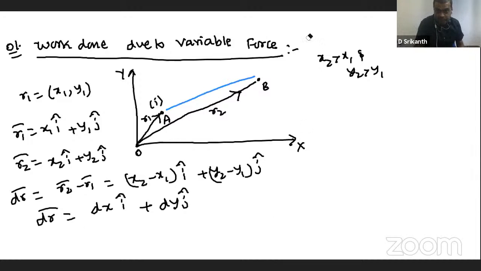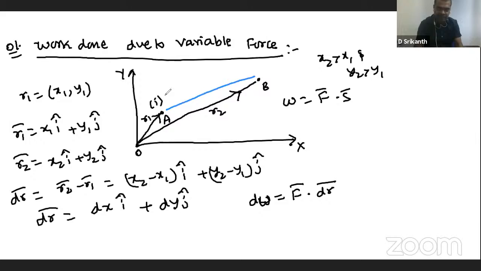So dr bar equal to dx i cap plus dy j cap. So we are having the work done equal to f bar dot s bar. Here my displacement is very small, that is dr bar. So for small displacement, work done will also be small, that is dw equal to f bar dot dr bar.